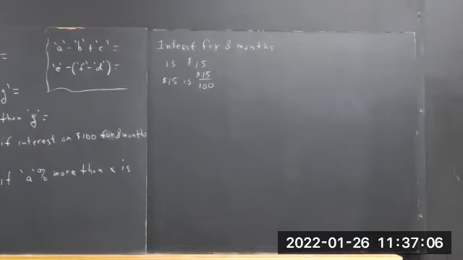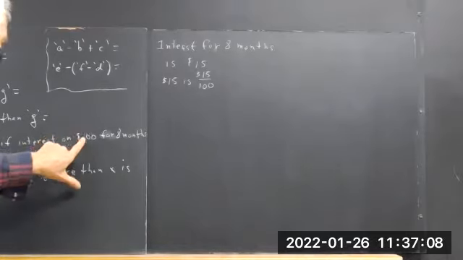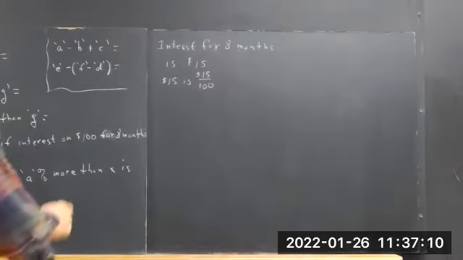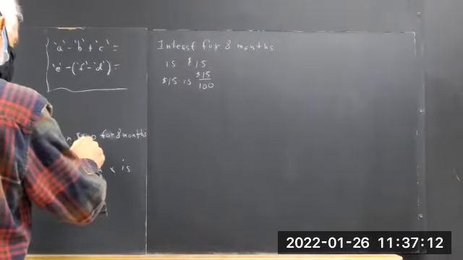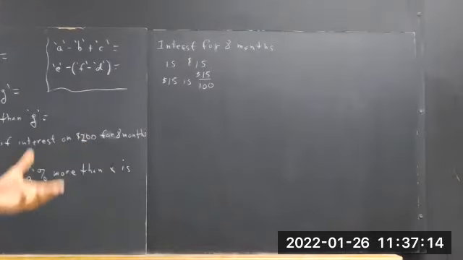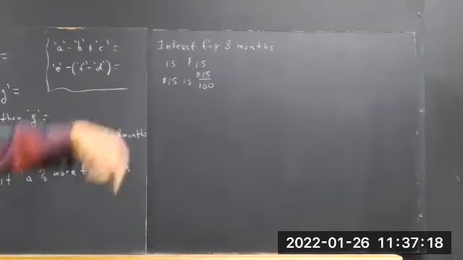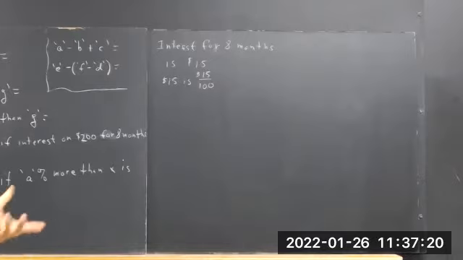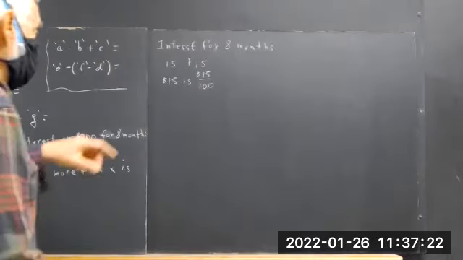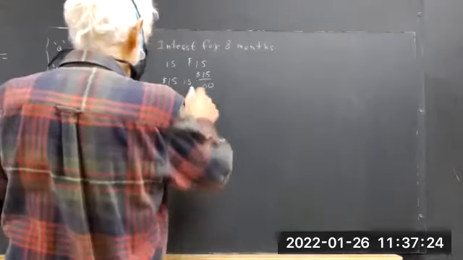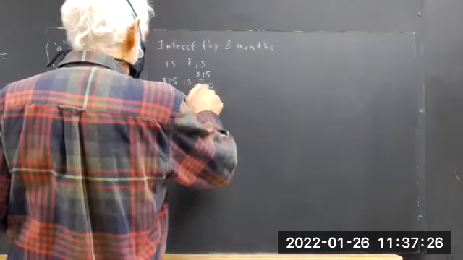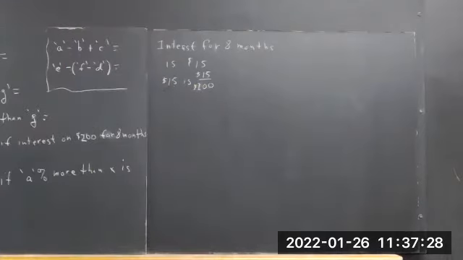I'm going to change this from $100. $100 is a bad choice. Because you divide by 100 to do percents, right? So when I divide by $100, it looks like I'm just doing a percent, which I am, but not for the reason you might think. So I'm going to make that $200.